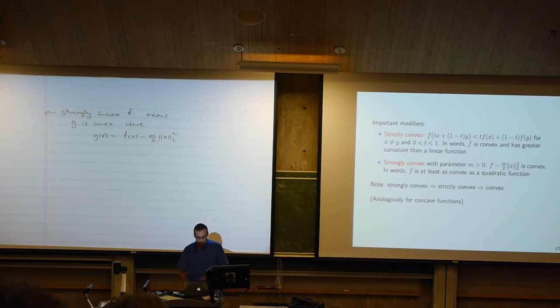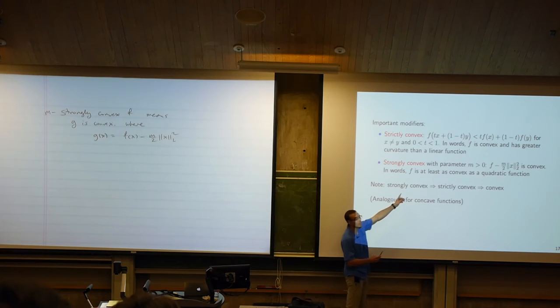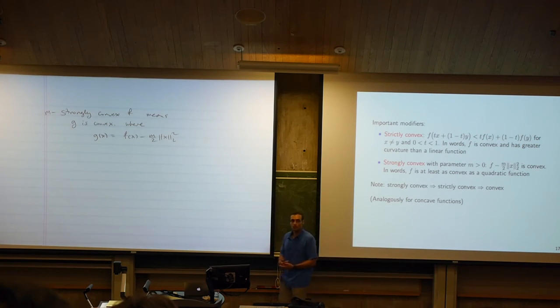And if you look at these definitions carefully, you'll see that strong convexity implies strict convexity implies convexity. So that's the strongest property. If a function is strongly convex, it's definitely convex, it's just more. And an analogous definition holds for concave functions, just apply everything to minus f.